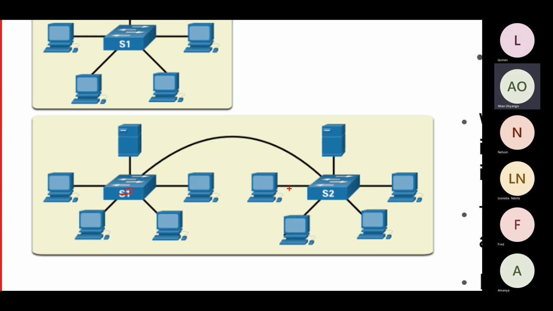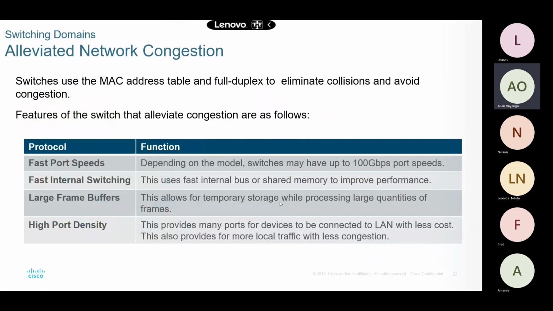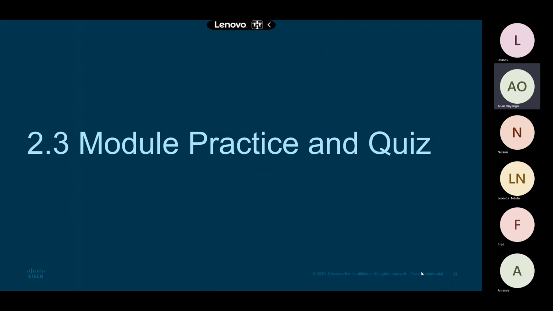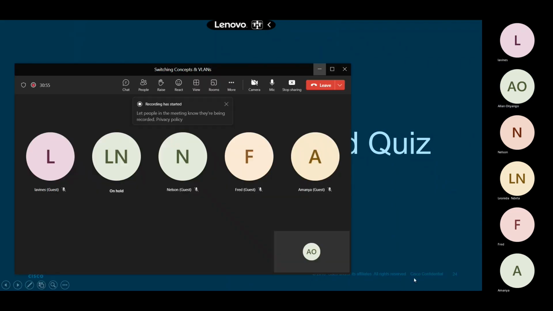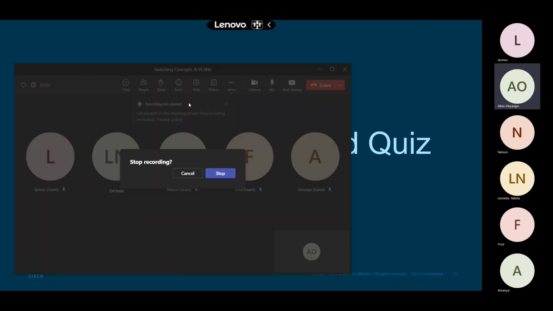So we are going to answer many questions. When a switch is configured with other VLANs, how does it handle traffic? Okay, so let's conclude this, and now talk about VLANs.